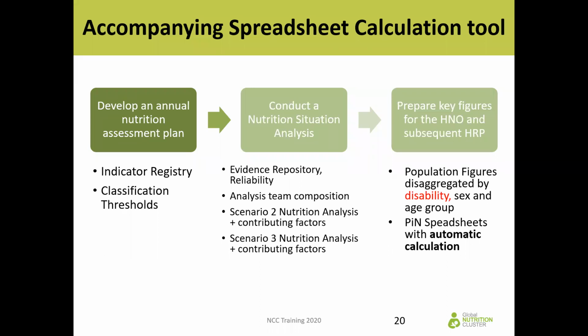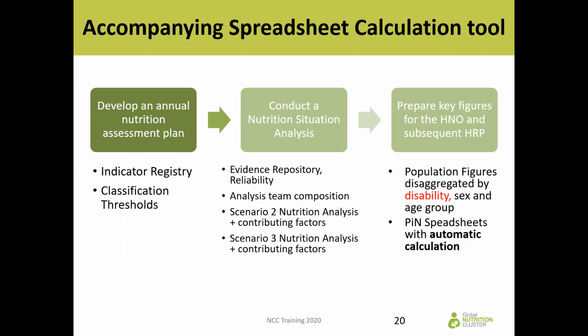It includes sheets that are kind of a one-stop shop for looking at the data in terms of indicator registry, the classification of thresholds, but also in terms of conducting a nutrition situation analysis, looking at evidence repository, the reliability of methods, but also keeping track of the analysis team composition, similar to the IPC acute malnutrition tools, and also specific sheets for scenario 2 or scenario 3.